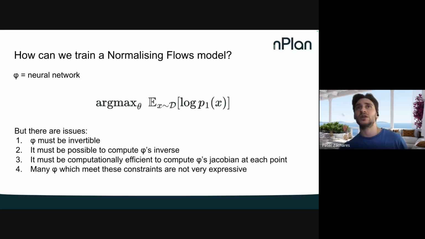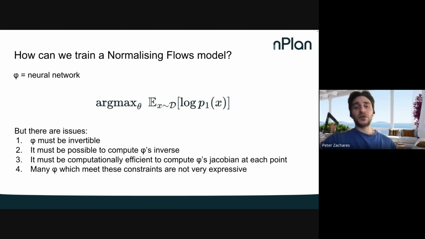But there are some issues with this approach of normalizing flows as it's been described, or some challenges. First of all, phi, the neural network, has to be invertible. It has to be possible to compute phi's inverse.